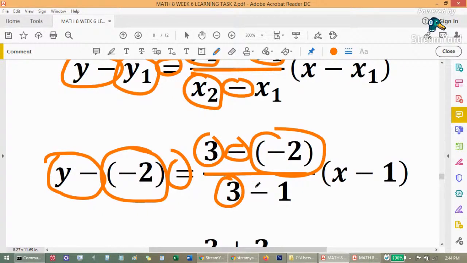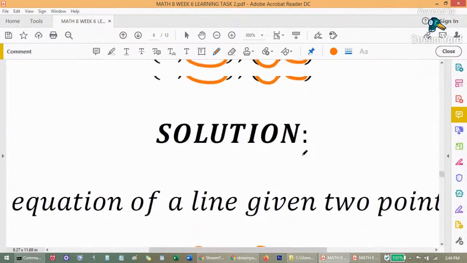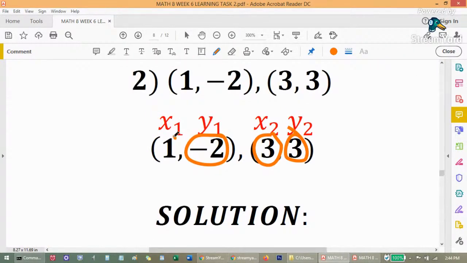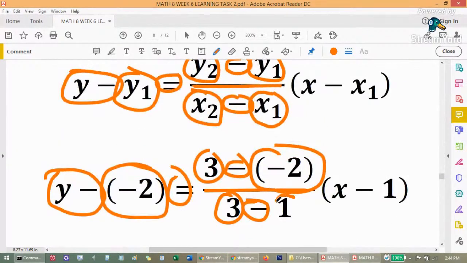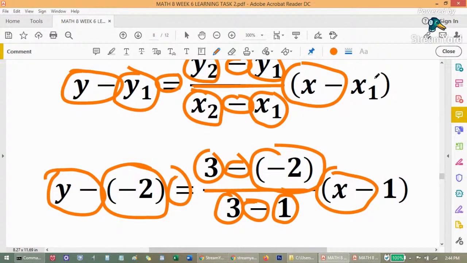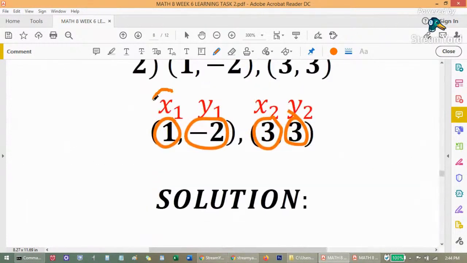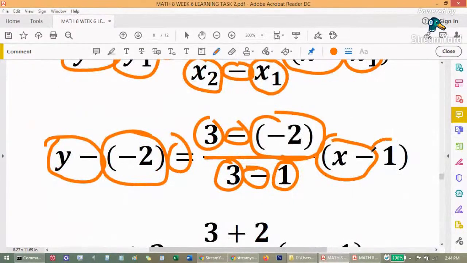Then minus our x sub 1, which is positive 1. So our x sub 1 becomes positive 1. We're just copying. And then parenthesis x minus, and our x sub 1 is positive 1. That's why we have positive 1 here. Okay?